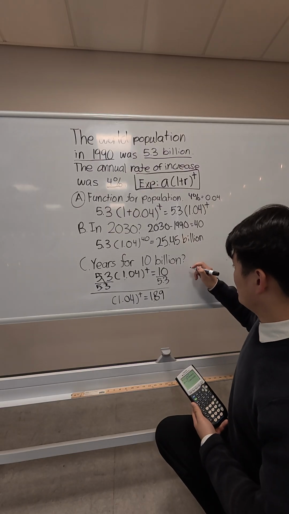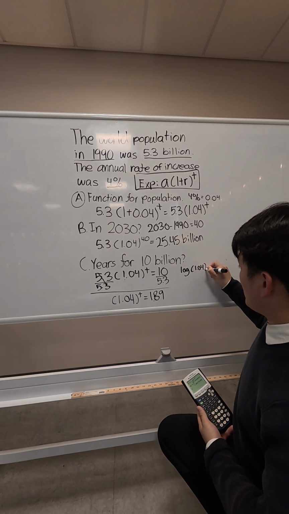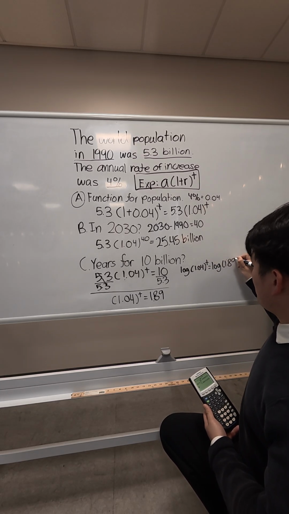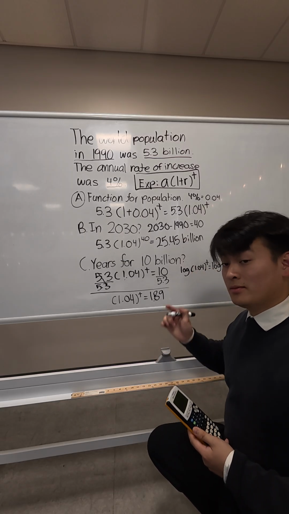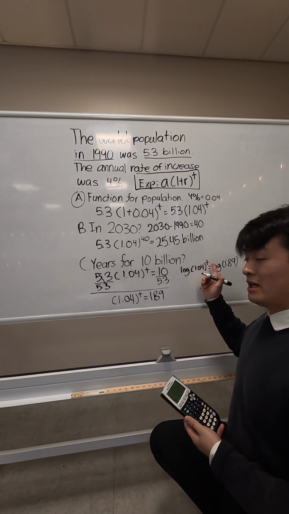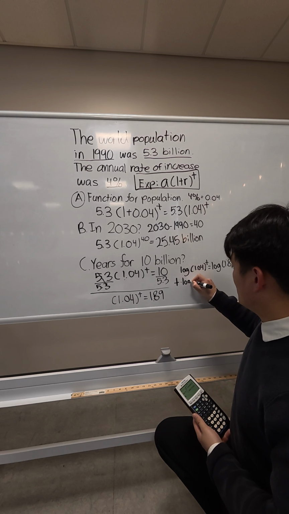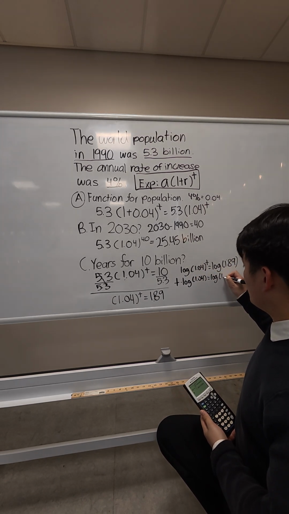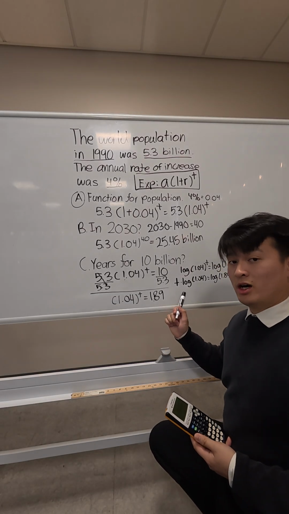So I'm going to write here log 1.04 to the power of t equals log 1.89. Now, what does that benefit us? This power of t, because it's a logarithm, has this thing called the power rule. The power rule allows us to move the t to the front. So that would be t times log 1.04 equals log 1.89.